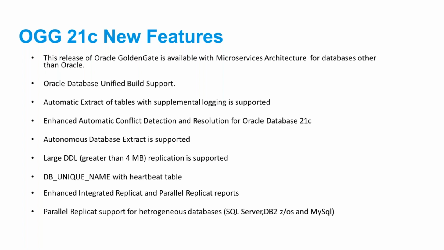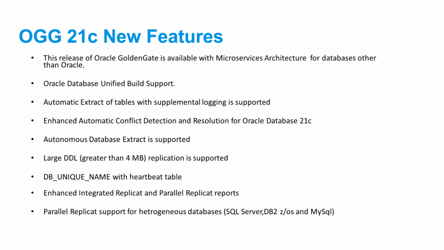Now, you have Oracle autonomous database on cloud, right? Prior to 21c, extract from autonomous database was not supported. Only replication to autonomous database was supported. However, from 21c, GoldenGate is now supporting data extract from autonomous database as well.